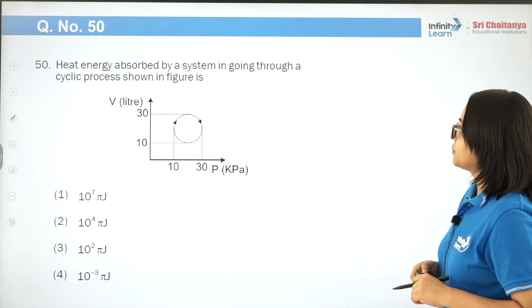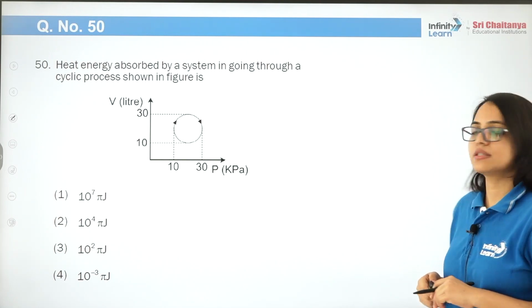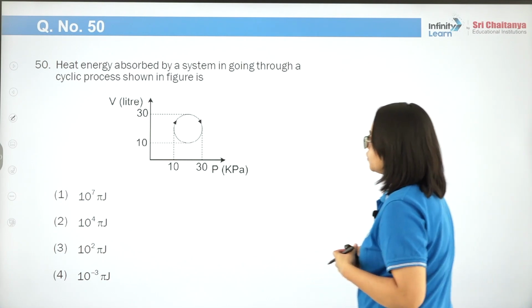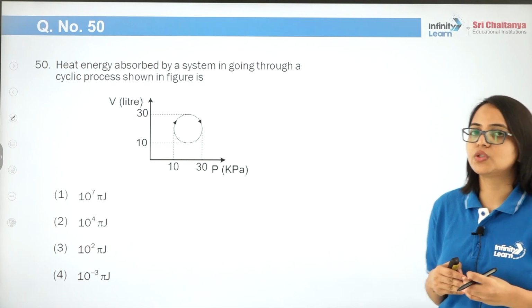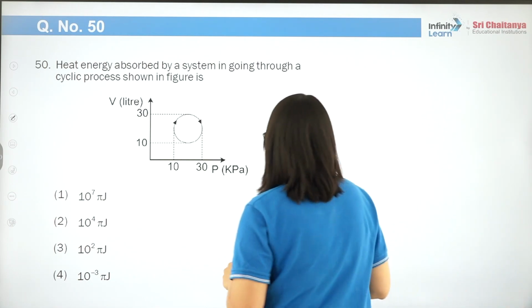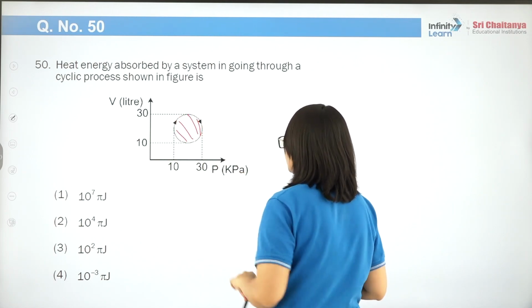Next is question number 50. Heat energy absorbed by a system in going through a cyclic process shown in the figure. So this is a cyclic process, change in internal energy will be 0. So heat energy is equal to work done according to first law of thermodynamics, right? So work done is nothing but what? This area, and this is clockwise, so area will be positive.